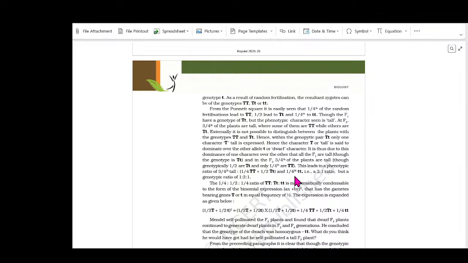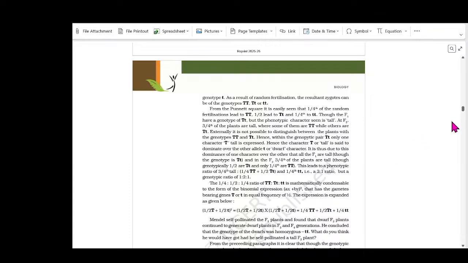The 1 by 4, 1 by 2 and 1 by 4 ratio of capital T capital T, capital T small t and small t small t is mathematically condensable to the form of the binomial expression (ax plus by) whole square, that has the gametes bearing genes capital T or small t in equal frequency of 1 by 2.